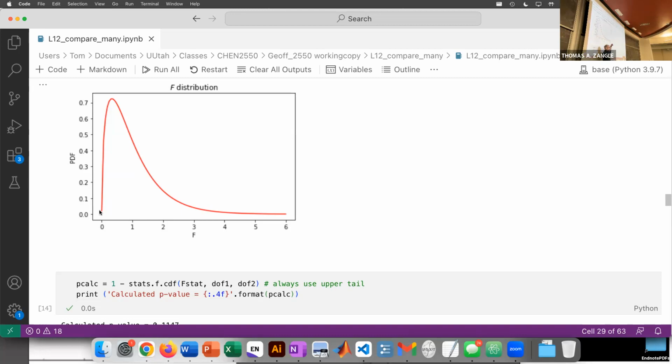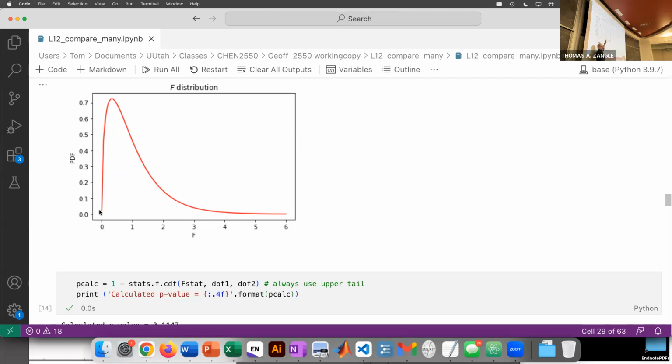A way of computing that is, if we know the F statistic, we know degrees of freedom 1, that k minus 1, and we know degrees of freedom 2, n minus k. We know that the CDF, or cumulative distribution function, tells us the area underneath the distribution up to that specified value.